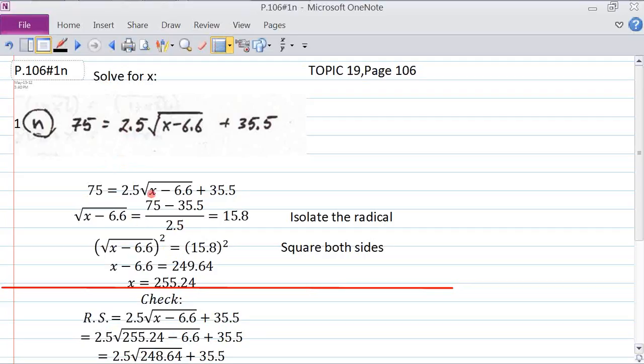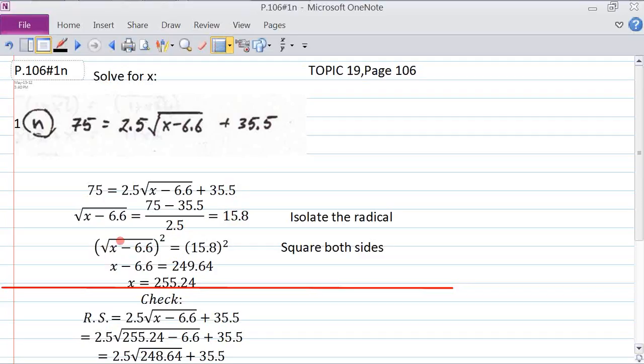So isolating what's under the root sign, x minus 6.6 here, I transpose this to this side and then divide by this coefficient, and I get 15.8. 75 minus 35.5 over 2.5 is 15.8. So I've isolated the radical, and I've just got a number on this side. This calculation, of course, you can do with your calculator.